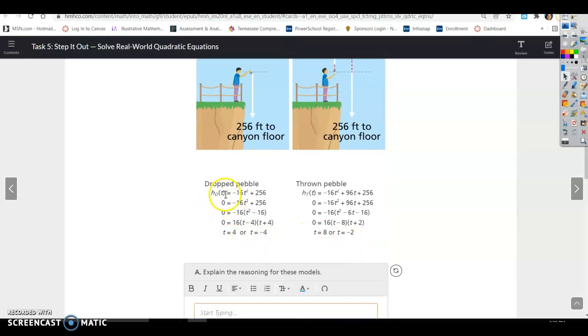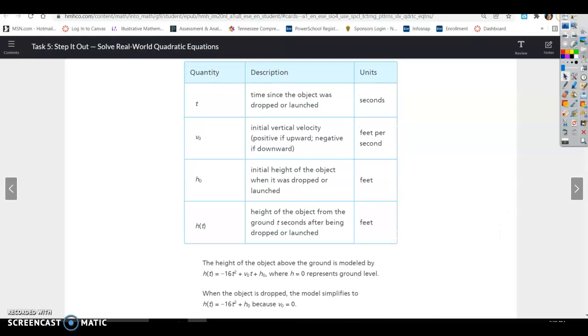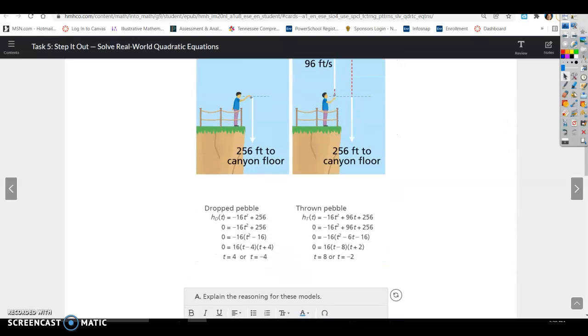So the first equation is going to be negative 16t squared plus 256. So you can see that he drops this to the canyon floor, and if you go back up here, it says initial height of an object when it's dropped. So that would be that right there, which is 256, which we've plugged in.